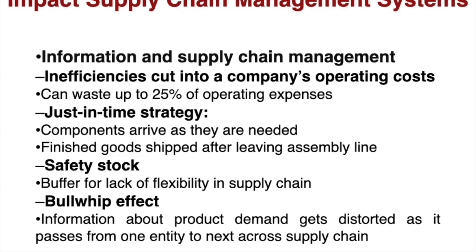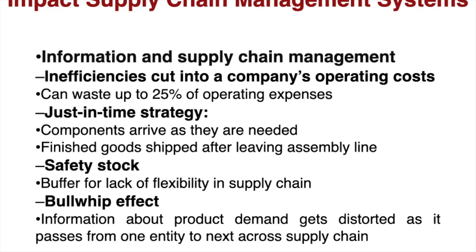Then the impact of supply chain management information system is that it helps in the just-in-time strategy. So the components arrive as they are needed, and the finished product ships after leaving the assembly line, and then it also helps in the safety stock, a buffer for lack of flexibility in supply chain, and also helps prevent the bullwhip effect.